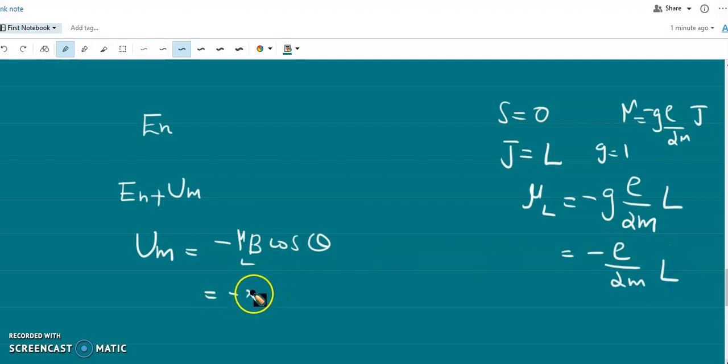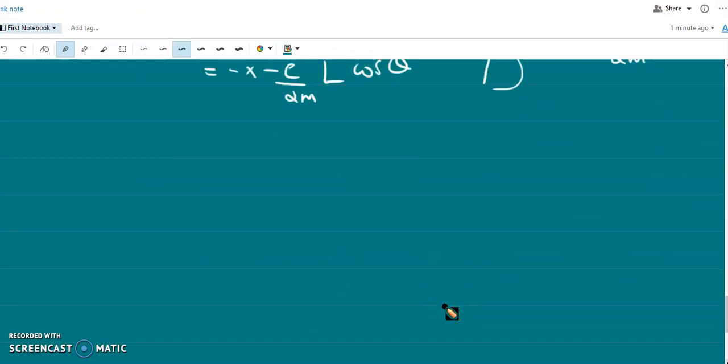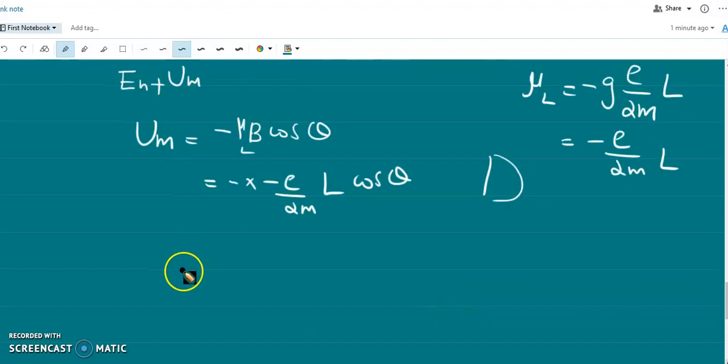So minus into minus e by 2m L cos theta. Cos theta is the angle between L and the magnetic field, and we have already seen the diagram for that. And this is plus e by 2m L into cos theta.